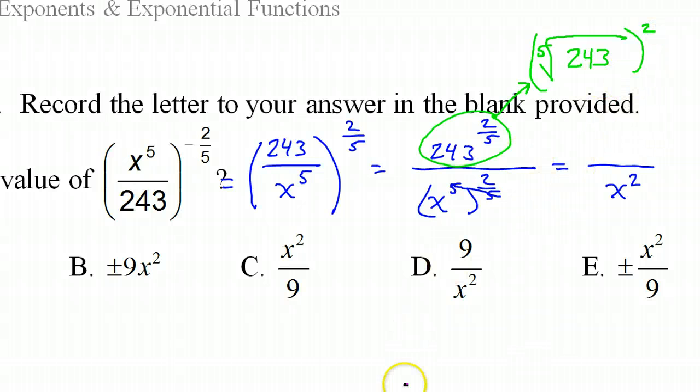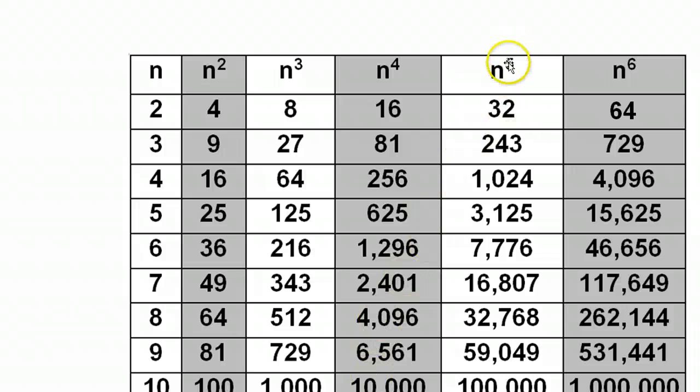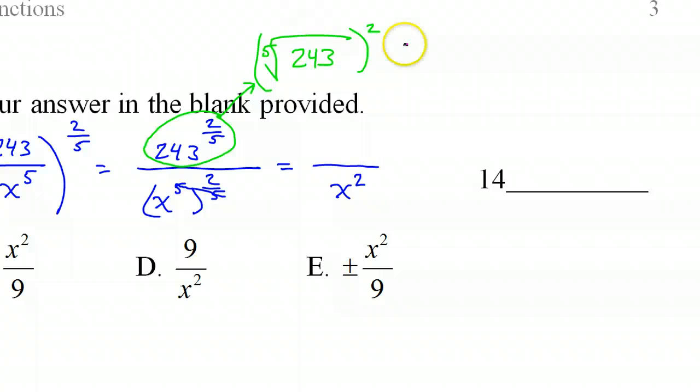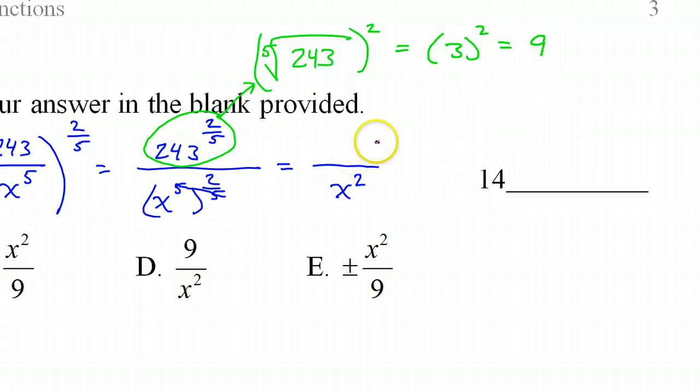Alright, so 5th root of 243. Let's look at the chart. 5th root of 243 is 3. Okay, so this part in here is simply 3, and then that 3 squared is 9.